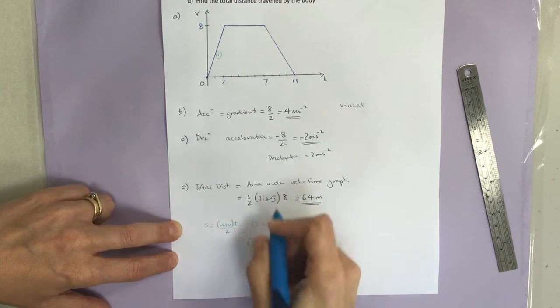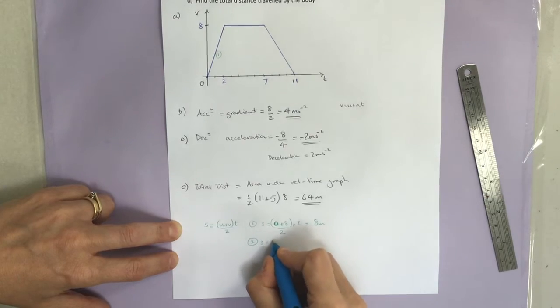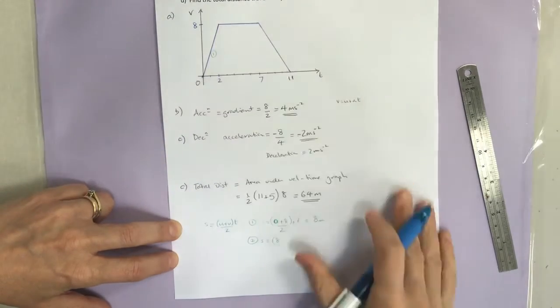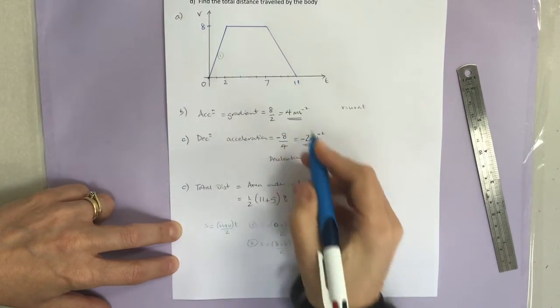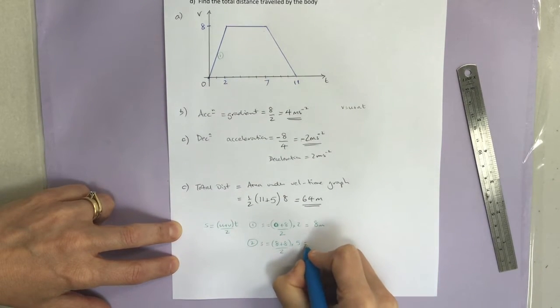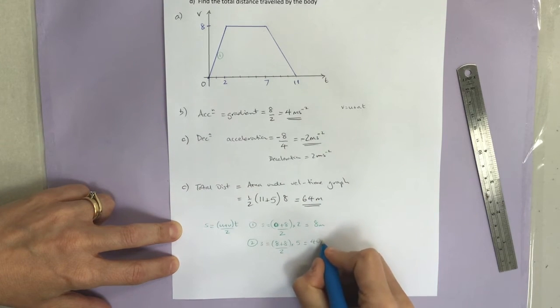For the second part of the journey, the initial velocity and the final velocity are both 8. And then the time taken there is 5. 16 over 2, 8 times 5, that's going to give me 40 metres.